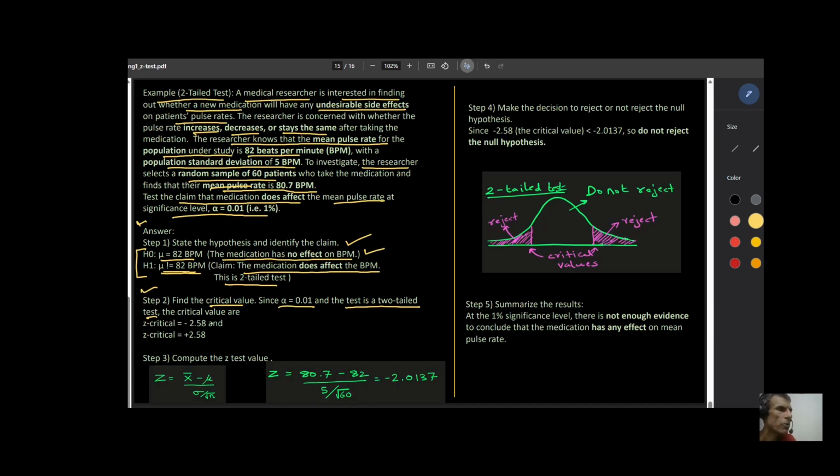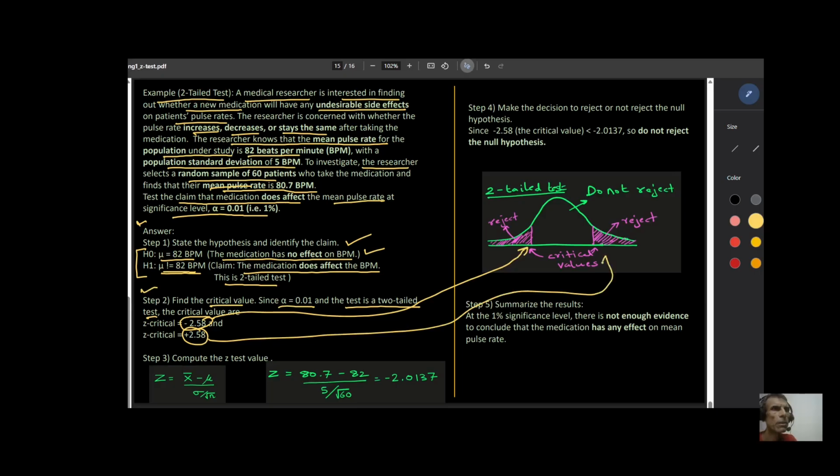I just rounded them off, so this is minus 2.58, and this is plus 2.58.